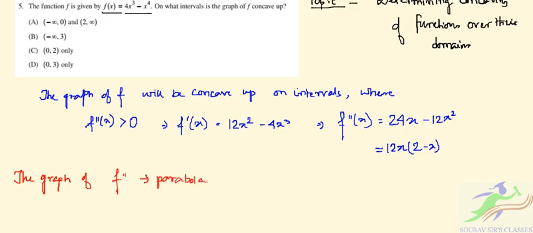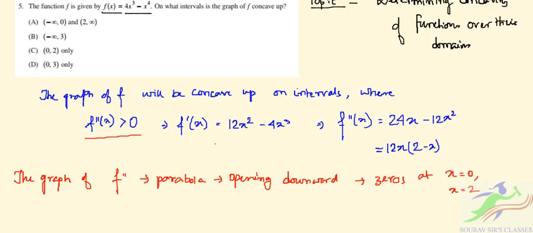It is this type of parabola which is opening downward, with zeros at, so where will the zeros be? At x equal to 0 and x equal to 2. So if you set this equal to 0, it must be greater than 0 over here. So for x equal to 2 and x equal to 0, we have these zeros, right?